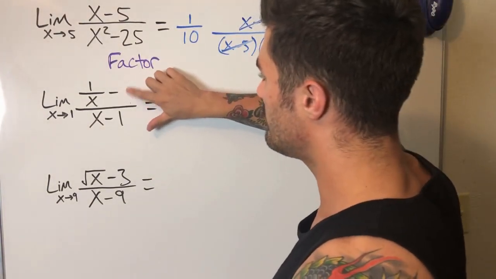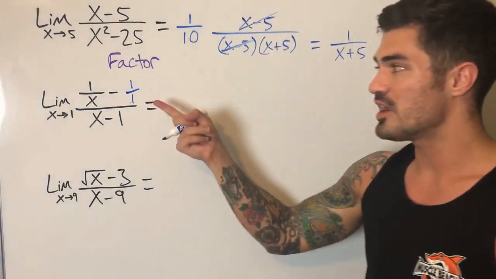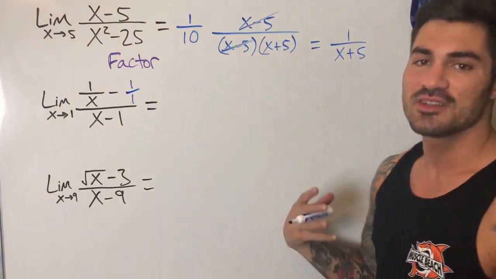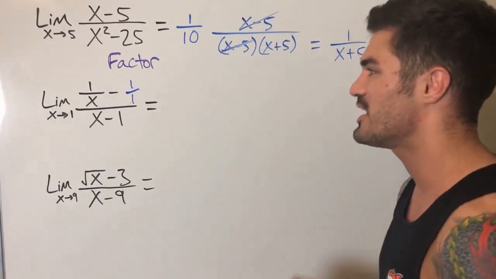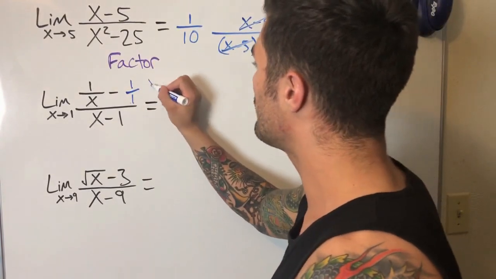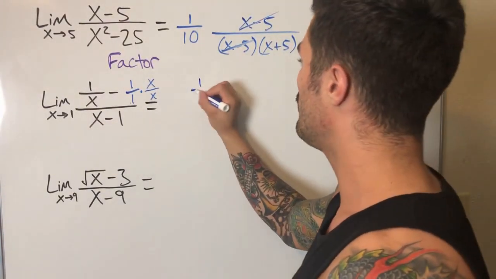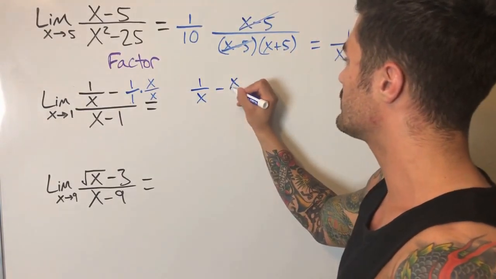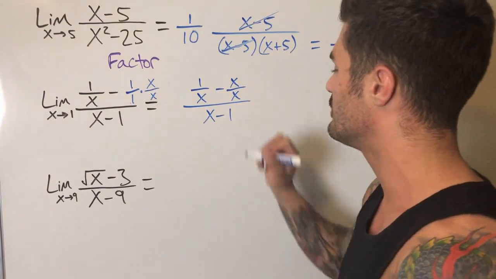If I rewrite this as 1 over 1, then it's clear that I can multiply that by x over x to get a common denominator, so I can combine those terms in the numerator and see if that helps me somehow cancel something. So if I multiply by x over x, then I'm left with 1 over x minus x over x, all in the numerator. In the denominator, I still have x minus 1.